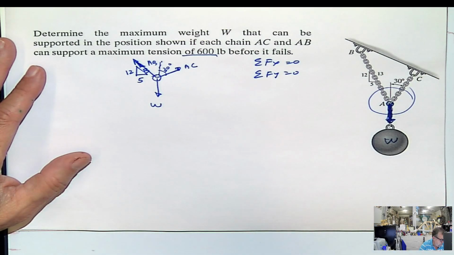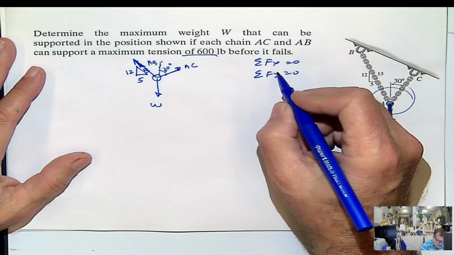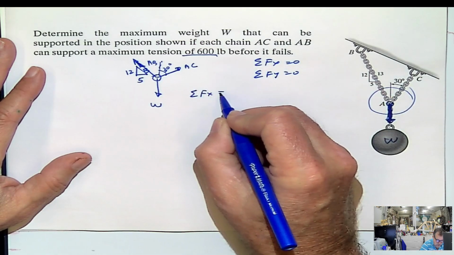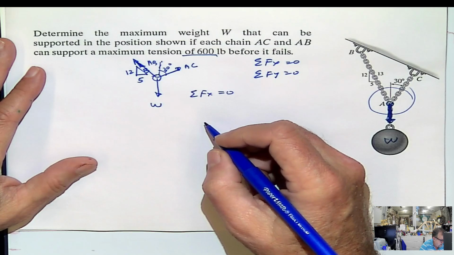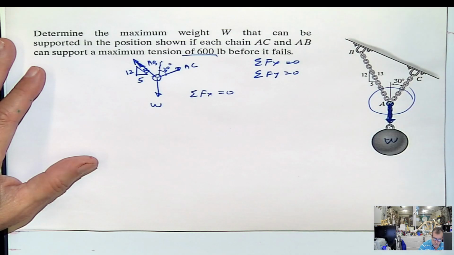So let's assume, for the sake of doing this problem, first summation of forces in x equals 0, and let's assume that AC, the tension in AC, develops the maximum tension of 600.